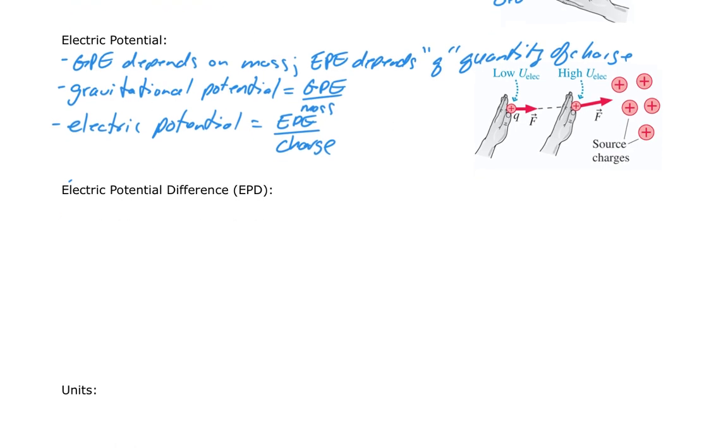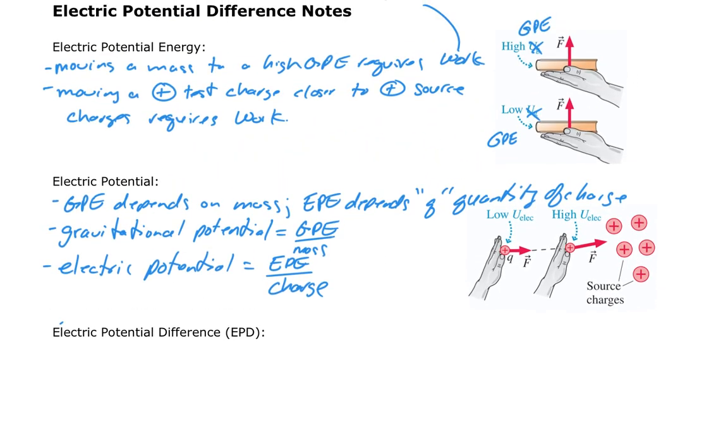Now, let's continue talking about our analogy here. Gravitational potential energy really only has meaning when we define a location of height equal to 0, right? Otherwise, we can't get a sense of whether this is high or low. So we have to ask, where is the height equal to 0? Where are we measuring from?